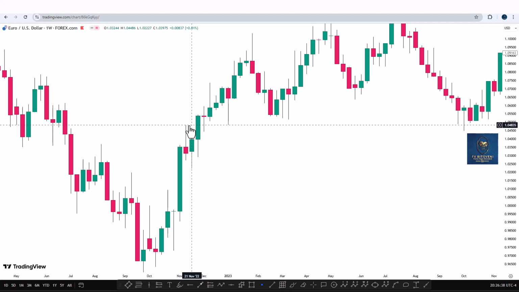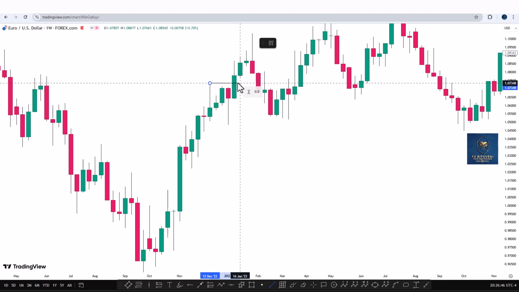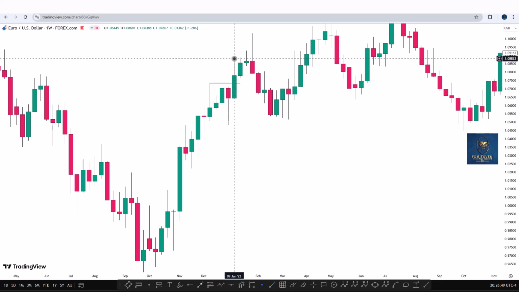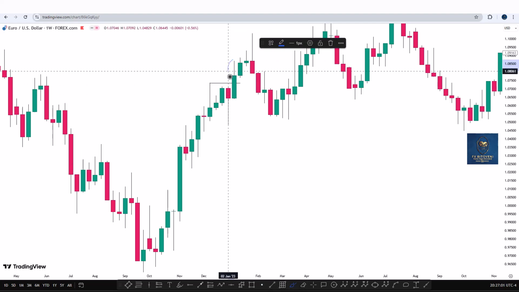And we also imagine price here. Assume that price is here, then price here, price here, within these candles.